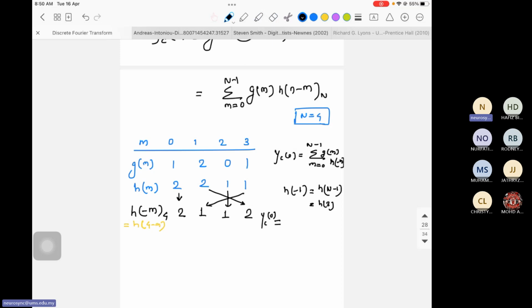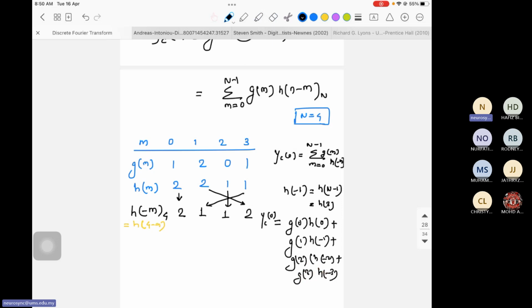So this is g of 0 into h of 0 plus g of 1 into h of minus 1 plus g of 2 into h of minus 2 plus g of 3 into h of minus 3.